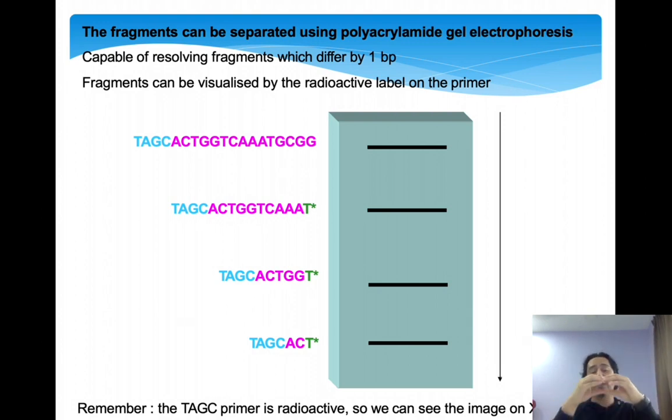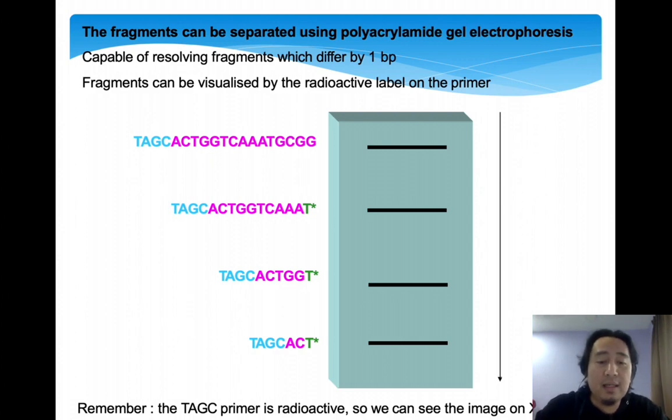If the gel is too hard, like 2% and onwards, the gel pores are too small and too hard, so the separation is not nice. So we need to use a lower percentage of gel so that the pores are bigger and it can separate nicely. Remember the primer is radioactive, so we can see the image on the X-ray film.